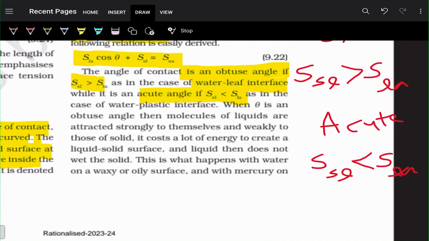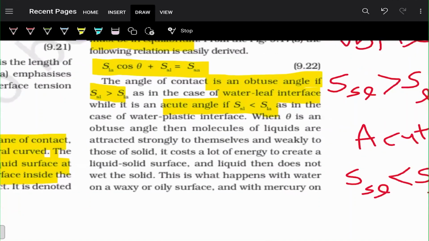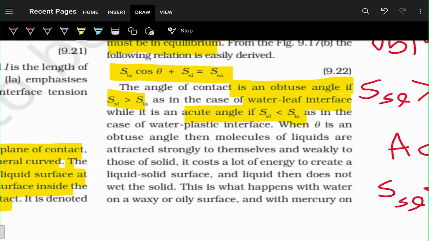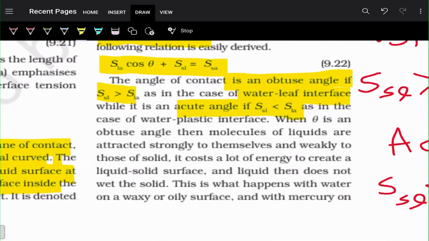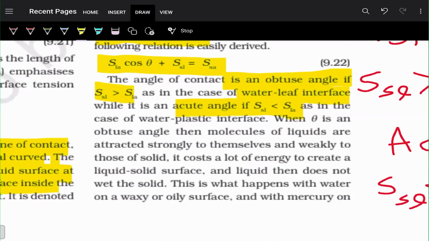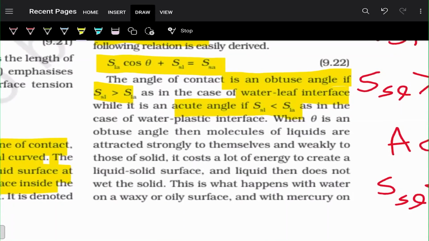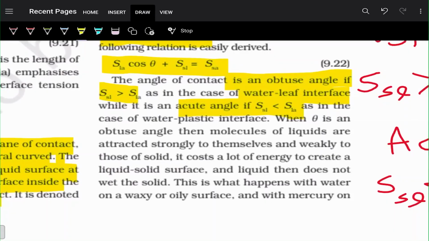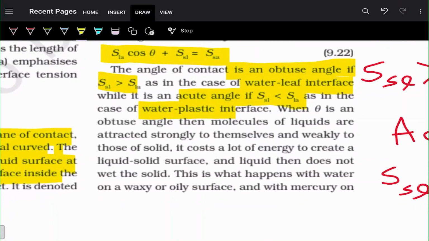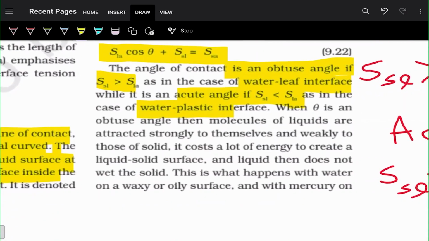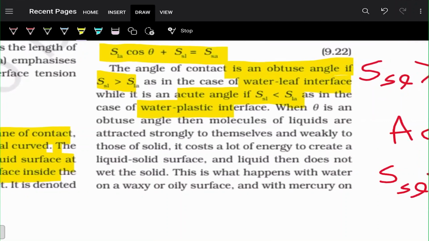The angle of contact is an obtuse angle if SSL is greater than SLA, as in the case of water-leaf interface, while it is an acute angle if SSL is less than SLA, as in the case of water-plastic surface. When theta is an obtuse angle, then molecules of liquid are attracted strongly to themselves and weakly to those of solid.